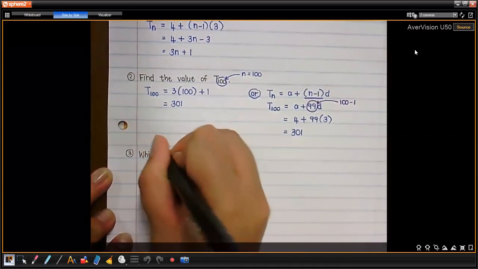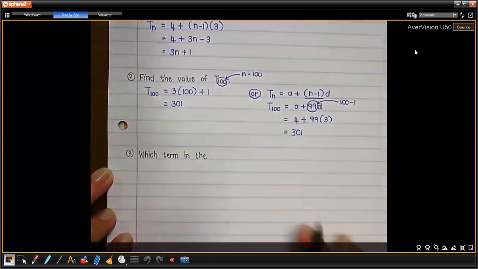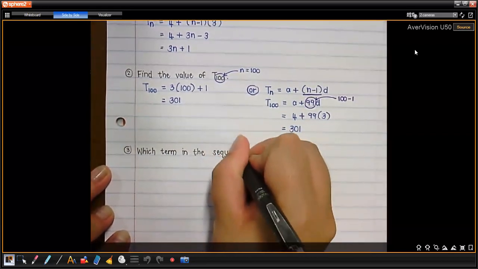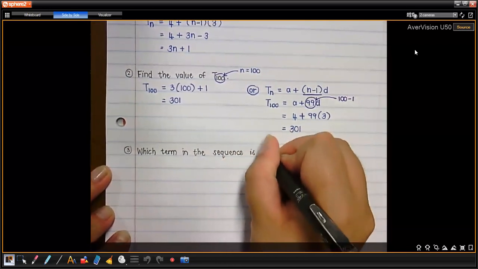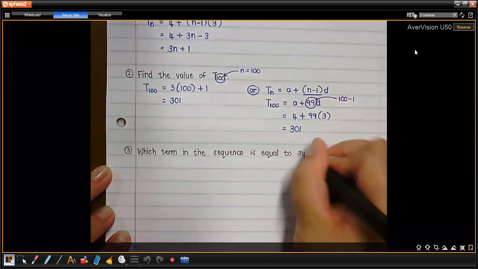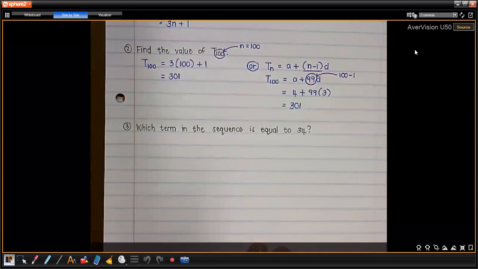Which term in the sequence is equal to 34? And now this is a number that you can actually kind of do by inspection. It's not that difficult, but just to go over the method that we use for this kind of question.